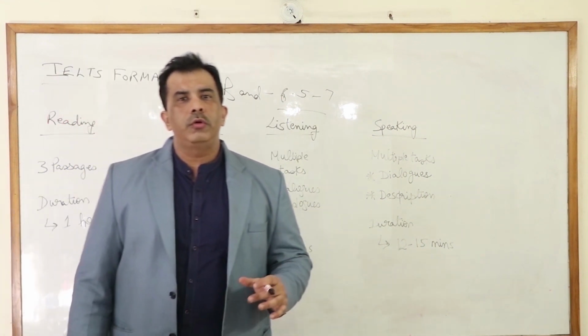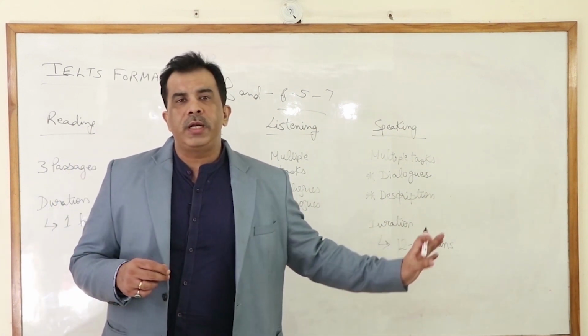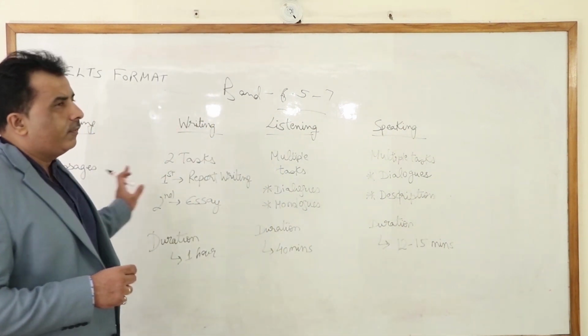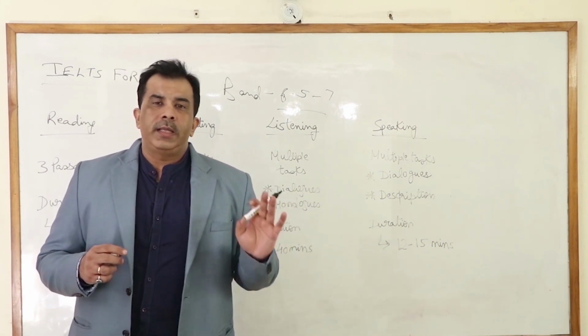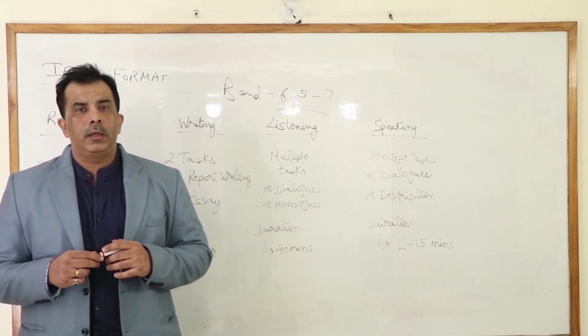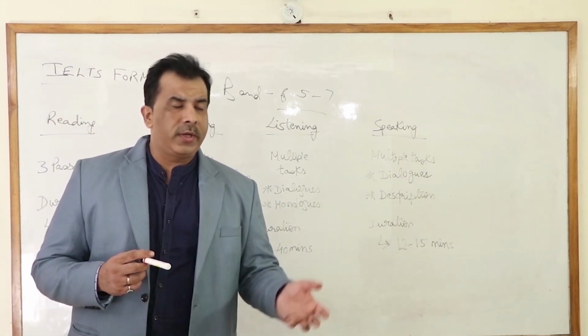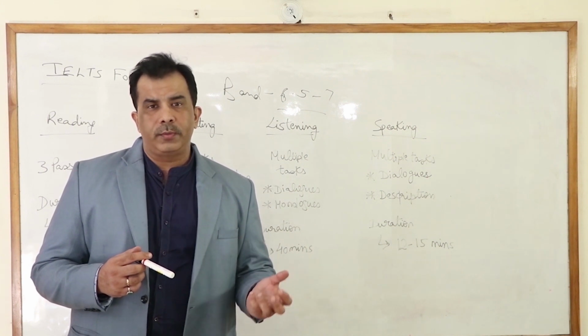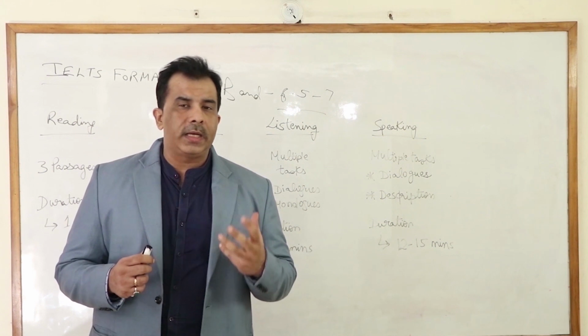This is something you should be aiming at, and 6.5 to 7 should be the average band you get in each and every section, which is reading, writing, listening and speaking. That is when you can expect to get admission in any good college or immigration in any good country as well. This is what will really pave the way for you.